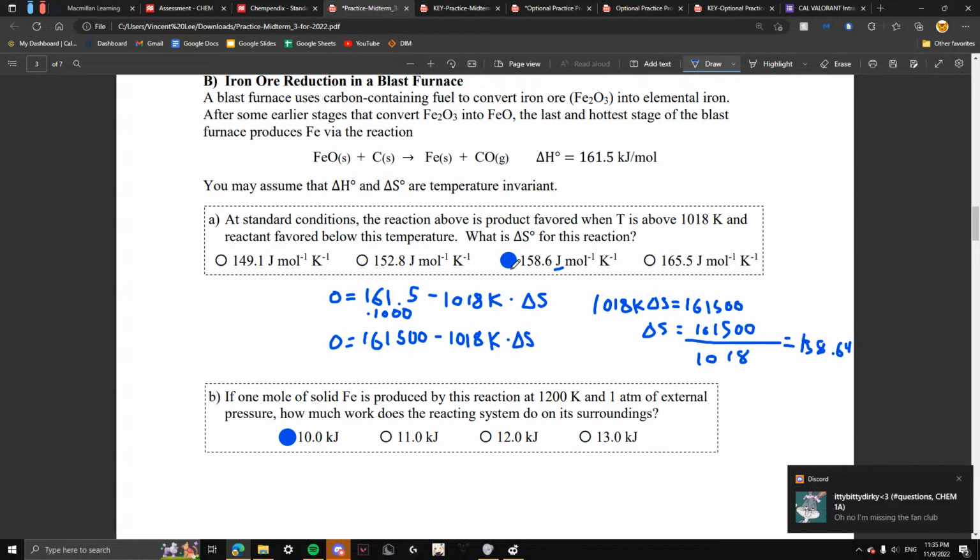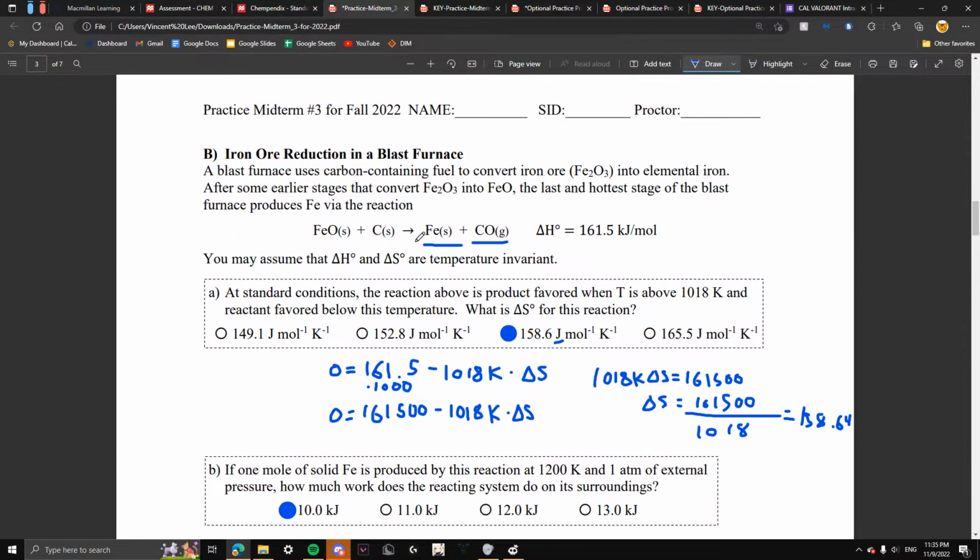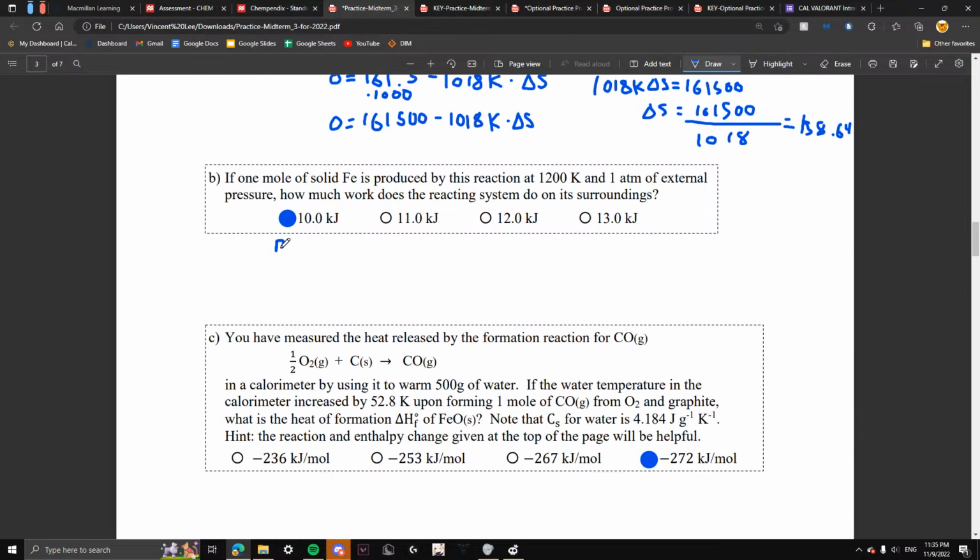Okay, so we have to use PV = nRT here because it produces CO2 alongside the Fe, the iron. So PV equals nRT, and that gives us change in volume so that we can do work, which is equal to negative P delta V, and the 1 atmosphere is external.